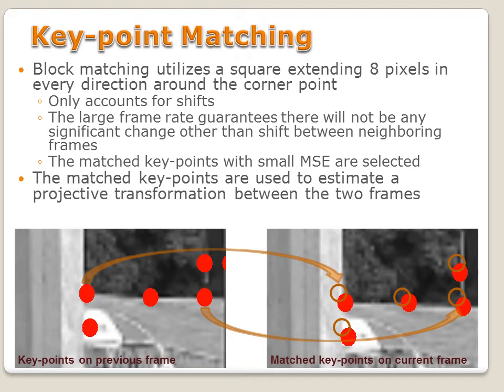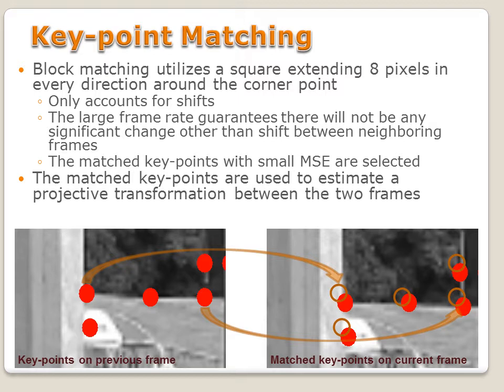Key point matching is done by block matching. We utilize a square extending 8 pixels in every direction around the corner points. This unfortunately only accounts for shifts. But on the other hand, the large frame rate guarantees that there will be only a small shift between two neighboring frames.